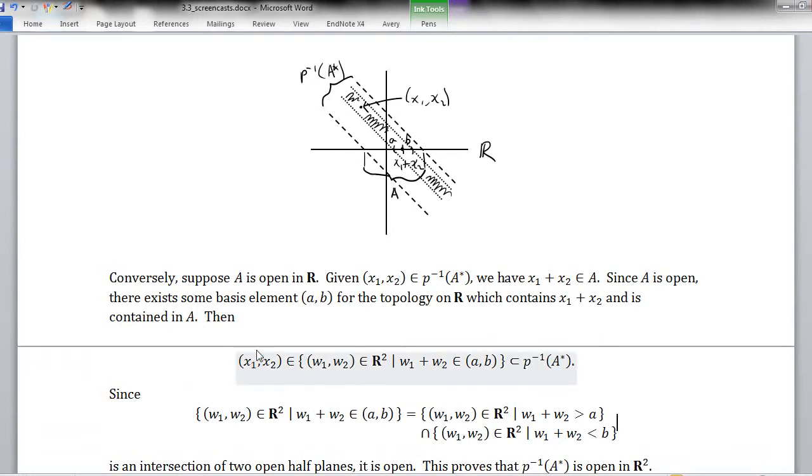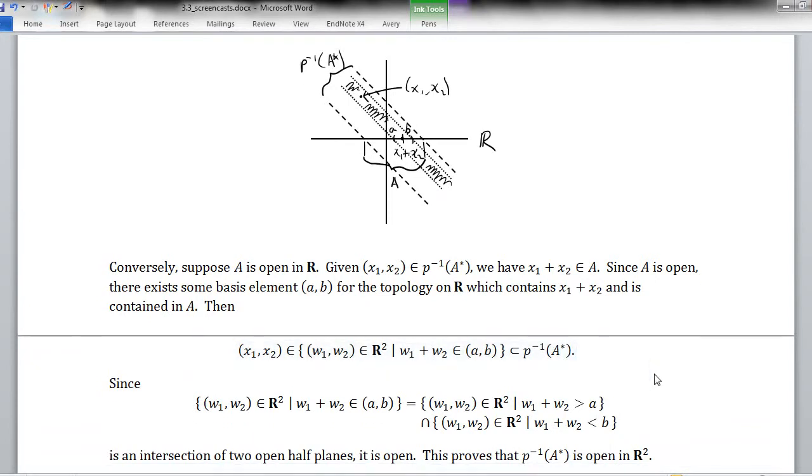It contains this point (x1, x2). All I have to show is that this set is an open subset of the plane. But that's not so bad once you just rewrite it. What does it mean for w1 plus w2 to be between a and b? It means that on the one hand it has to be greater than a, on the other hand the sum has to be less than b. So if we just take the intersection of these two sets, we get this narrow diagonal strip here.